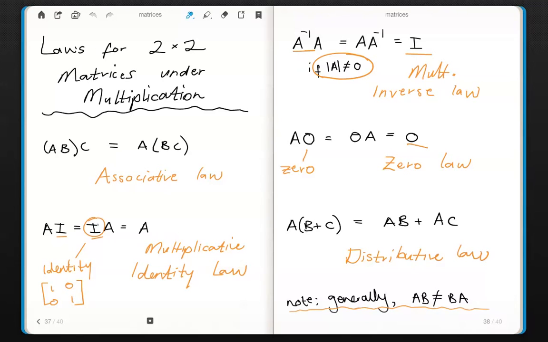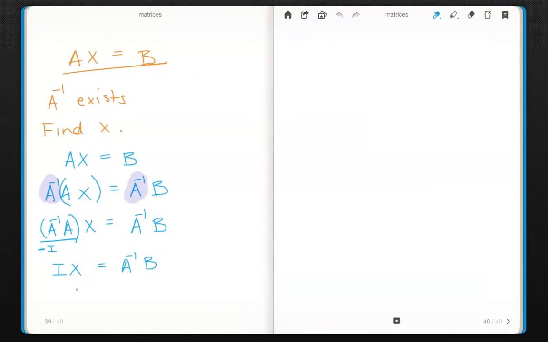IA is equal to A, so IX is equal to X. X equals A to the minus 1 B.